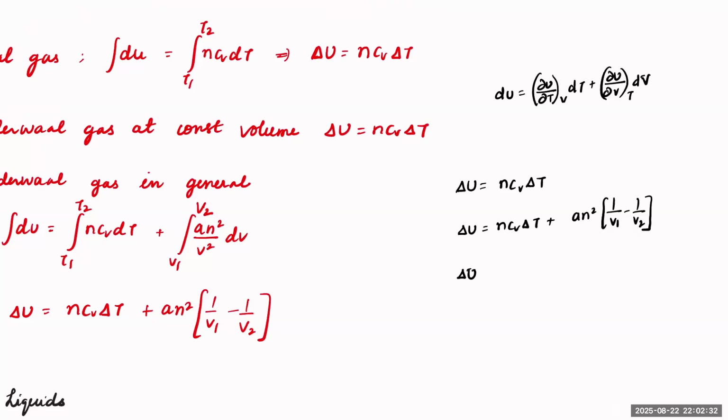Since when it comes to liquids and solids, do you think liquids and solids can compress? No, right? Their compressibility is very, very low. Since the compressibility is very low, do you think this factor is anywhere contributing? No, this factor is hardly going to contribute.